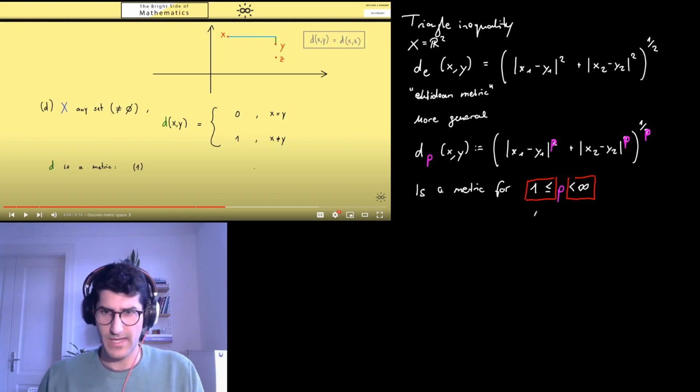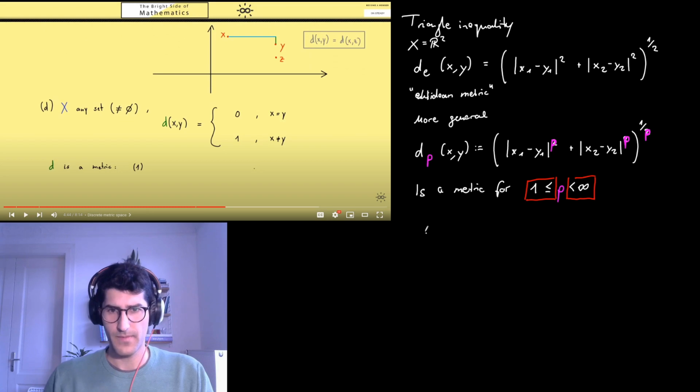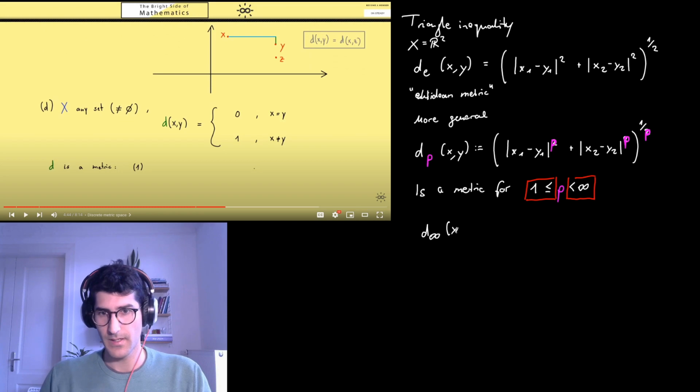So of course we cannot plug in infinity here, but you may also know from either a course on multivariable calculus or also measure theory that there's also an infinity metric that instead of a sum just is the example that we saw in the video.